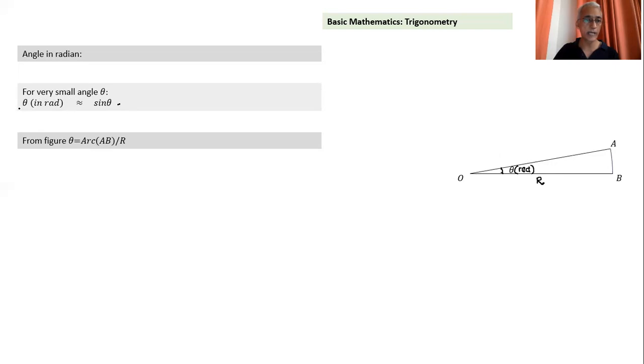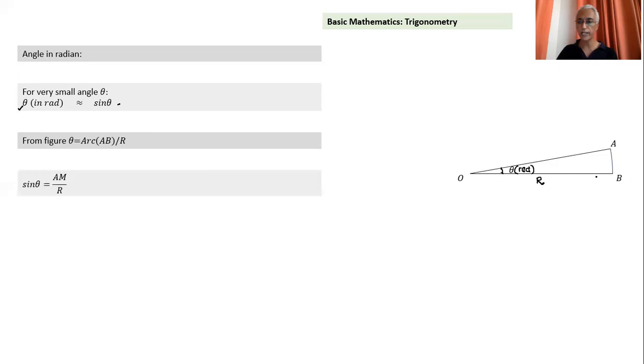So we have arrived at the left hand side. The left hand side can be written as the length of arc AB divided by OA, or OB, any of these two. Can we write sine theta also? This is an angle in radian. How do we get sine theta? For sine theta, we need a right angle triangle.